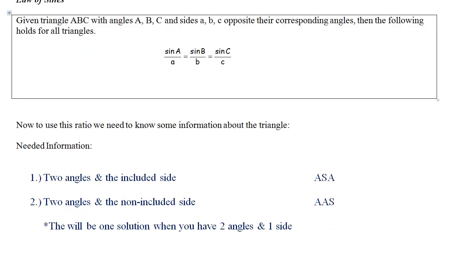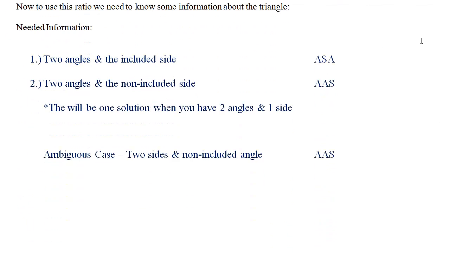And so there's a few different scenarios that will take place. I can have two angles and the included side, that's ASA, or two angles and the non-included side, that would be AAS. And in both of these examples, there will be one solution when I have two angles and one side. Doesn't matter how that's arranged. Next thing that happens is what's called the ambiguous case, and that occurs when you have two sides and a non-included angle.